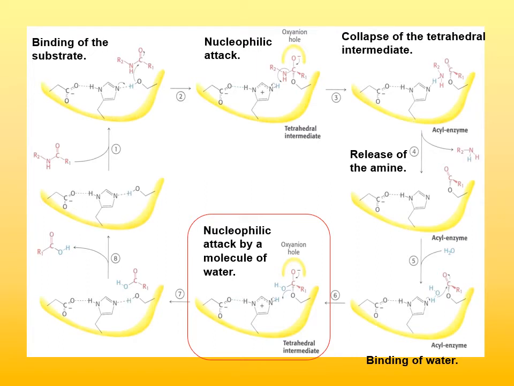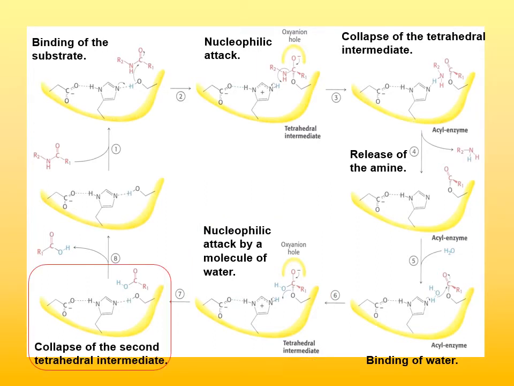As before, its formation is facilitated by the presence of the catalytic triad. Actually in this case, only two residues, aspartate and histidine, form hydrogen bonds to water, and the oxyanion hole stabilizes the tetrahedral intermediate.